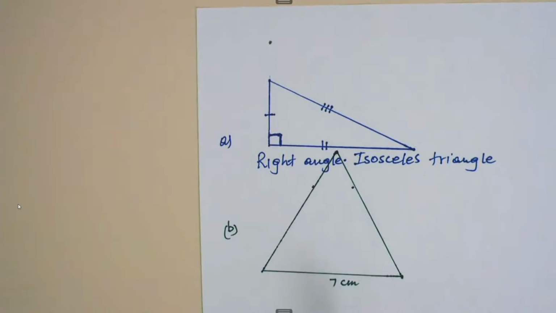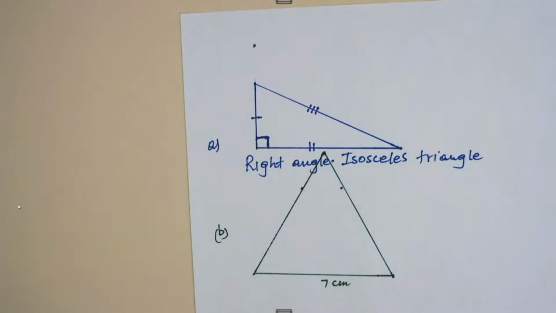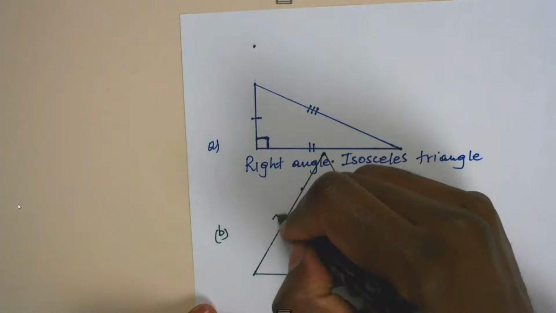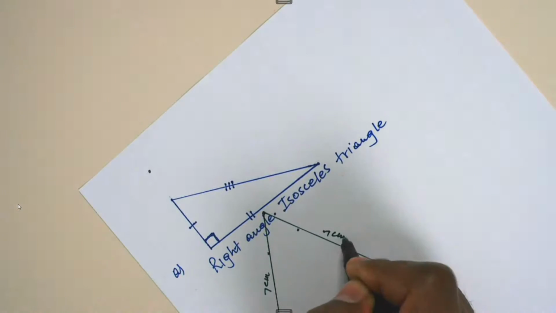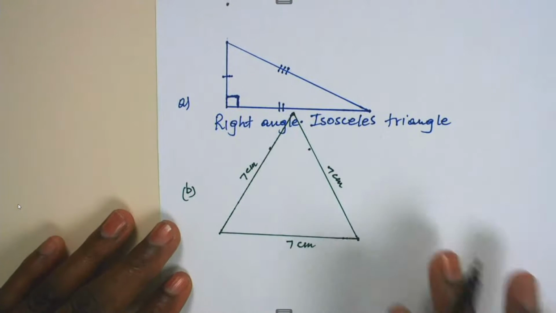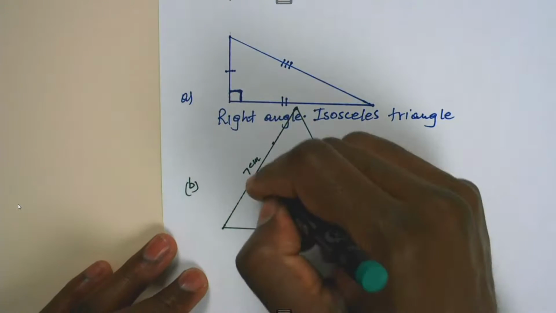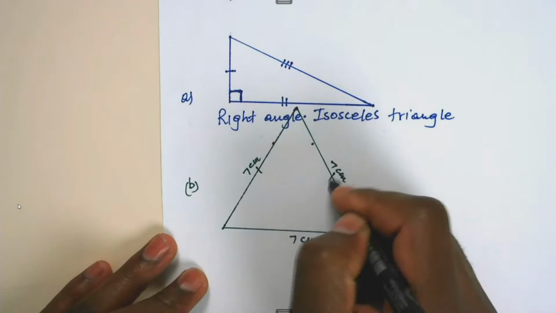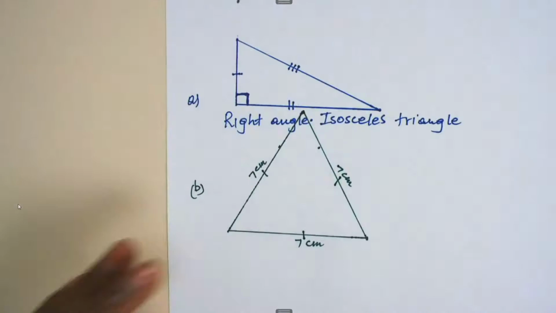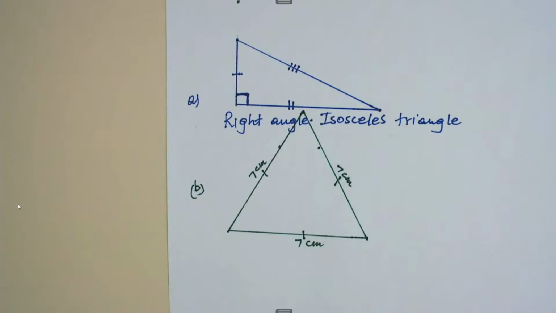There it is, my equilateral triangle. So therefore, it is 7 centimeters here. It is also 7 centimeters here. Now, just for the interest's sake, I will put the markings just to make sure that I have drawn an equilateral triangle.